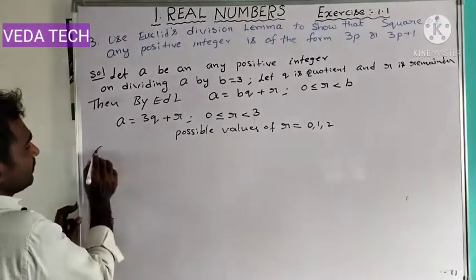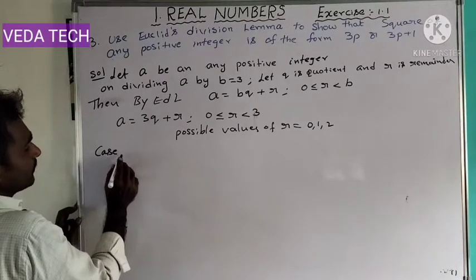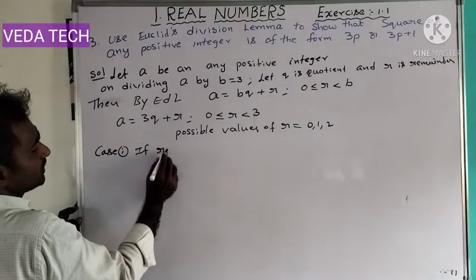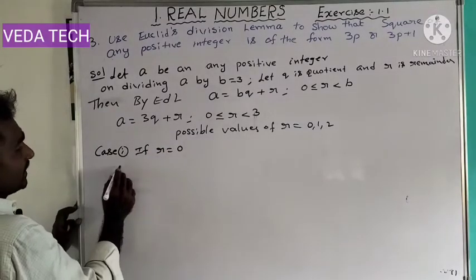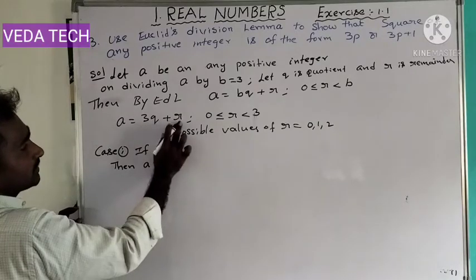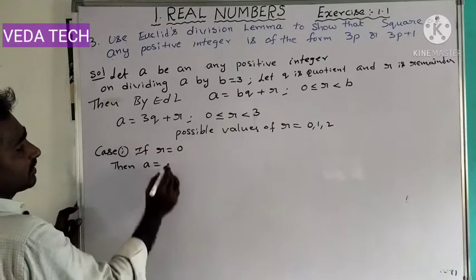If case 1, r is equal to 0, then a is equal to what? Substituting r equal to 0, a is equal to 3q.